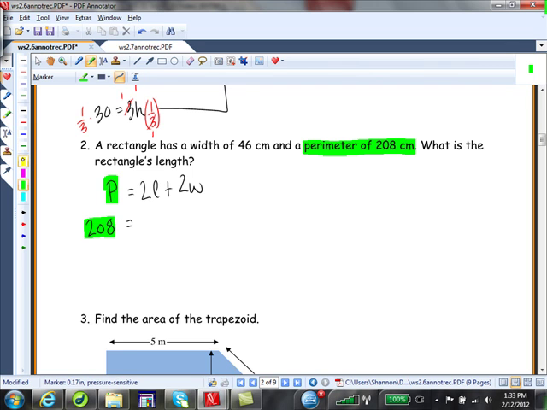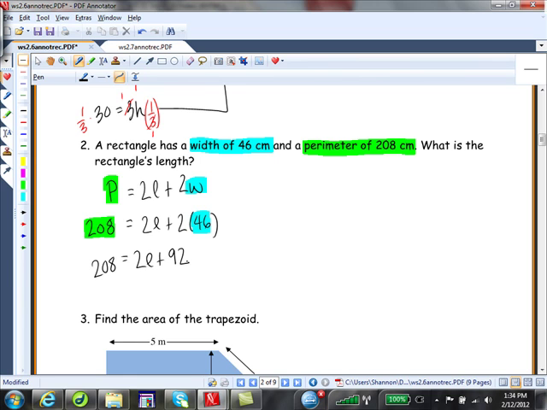Now, what else were we given? We were given, good, the width was 46 centimeters. So we have information for the width here. So this will give us 208 is 2L plus, what is that, 92, I believe.